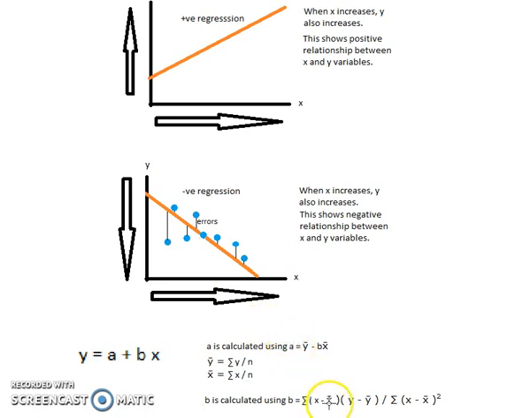We calculate deviations of each observation from its mean. You can see here x bar is the mean and x is the actual observation.